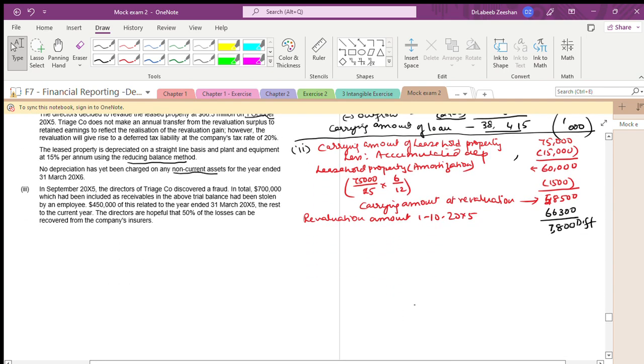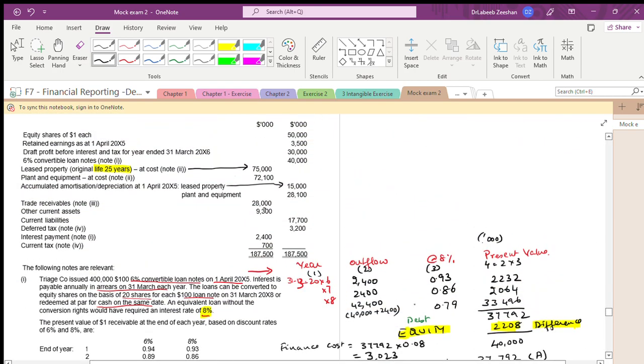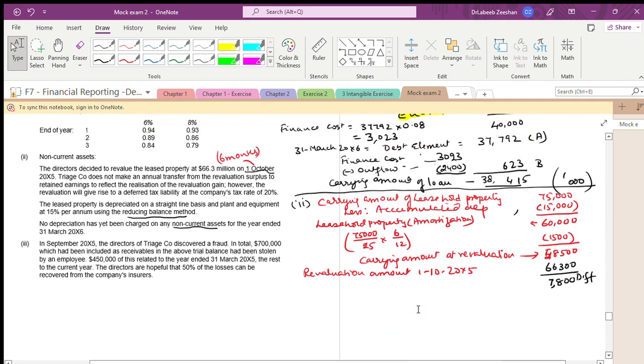Now, how much is the revaluation? 66,300. If it is 66,300, how many years have been over? Very simple. They have mentioned it here. 2005. Leasehold property. Accumulated depreciation. Somewhere this should have been mentioned.